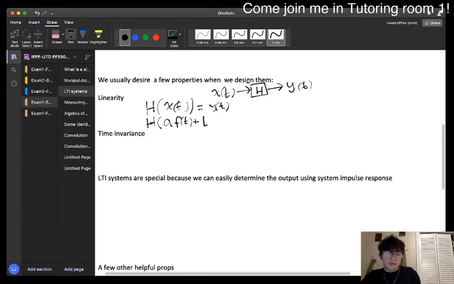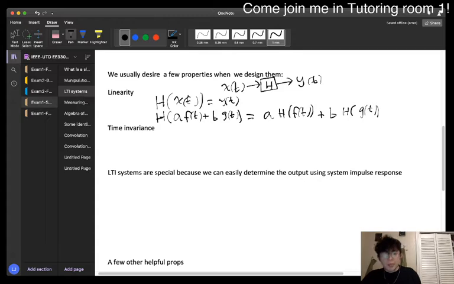So f of t and then g of t. Then we should get the sum of the outputs of these two signals. So we should get a times h of f of t plus b times h of g of t. We should be able to take out coefficients and add outputs.